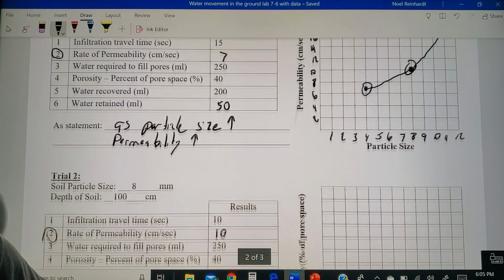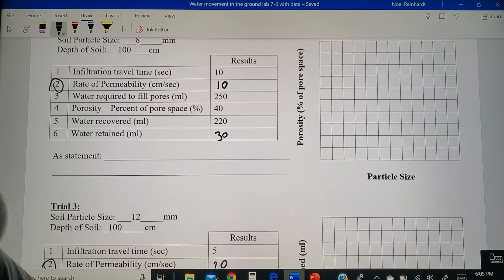For the second graph, it looks like it's looking for porosity versus particle size. Well, the particle size, again, is still the same, right? That's still 4, 8, and 12. So you're still going to use the same interval on the x-axis. For porosity, well, take a look at your data.